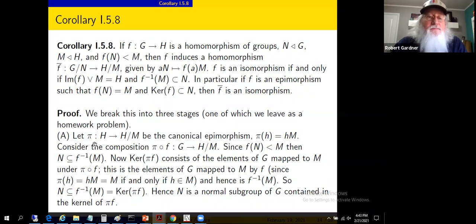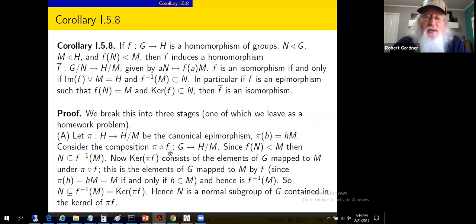All right, so let pi map H into the quotient group H mod M be the canonical epimorphism. So that maps an element of group H into a left coset of M in H. Consider the composition, pi composed with F, which will take G into H mod M. F will take G into H, and then pi will take H into the quotient group.